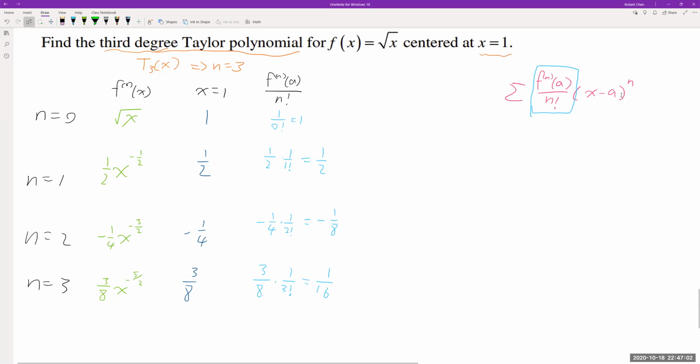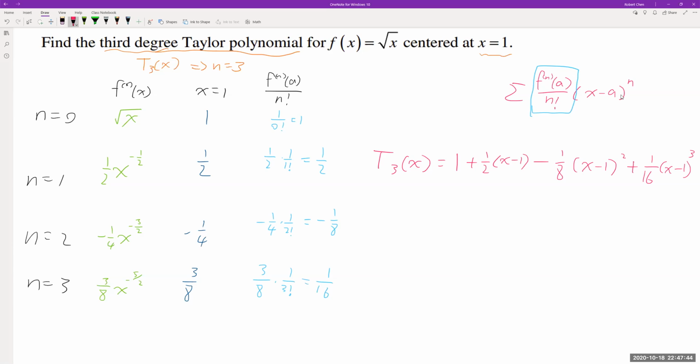We add in the x minus a to the power of n. So let's do that. The Taylor series third degree polynomial of x for the function radical x is going to be, first, n equals 0, that's 1, plus c1, which is 1/2, times the first power, x minus 1, plus negative 1/8, x minus 1 squared, and then plus 1 over 16, x minus 1 to the third power.